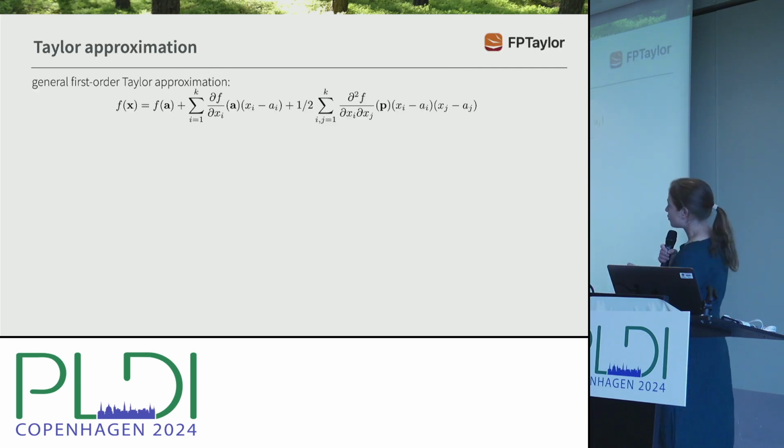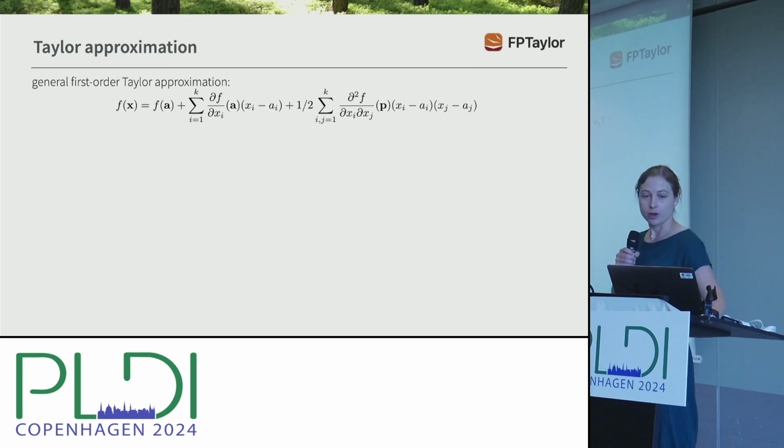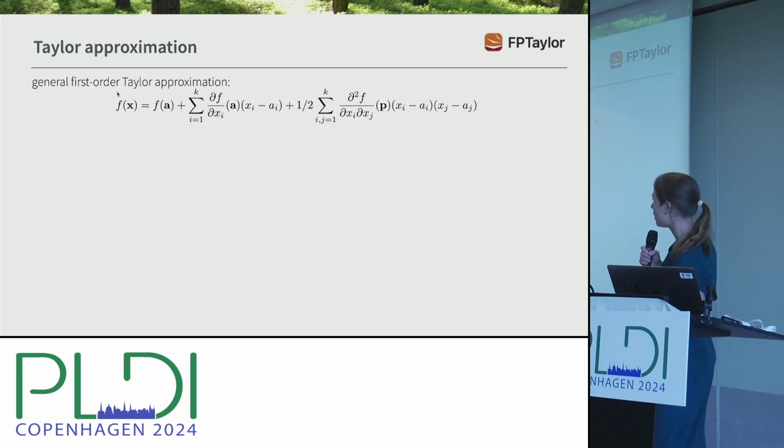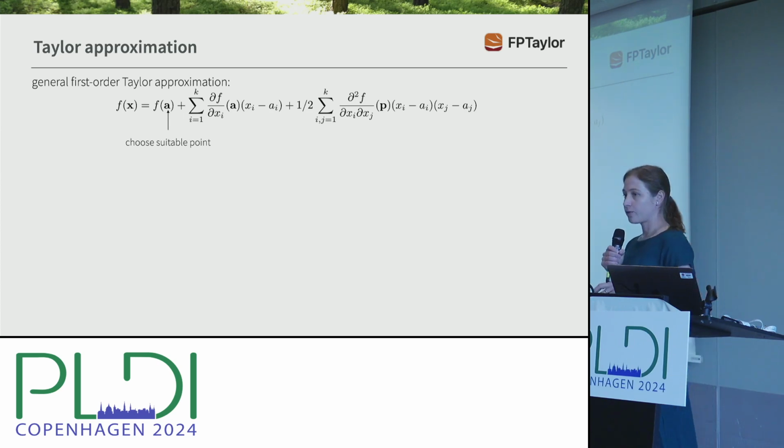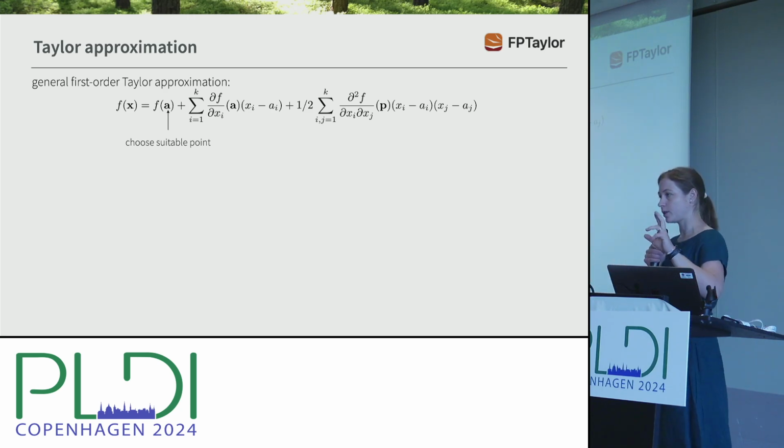So a first-order Taylor approximation of a function f, so that's our function f, looks as follows. So we evaluate f at a point that we choose. So we typically want to choose a point that works really well for our application.